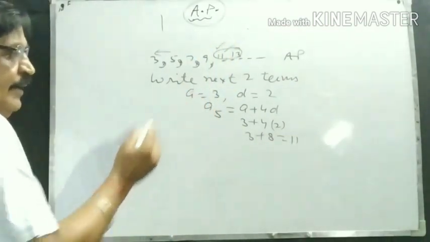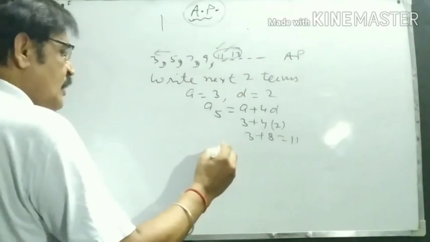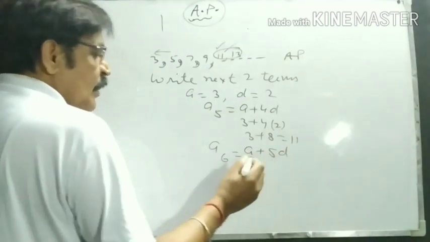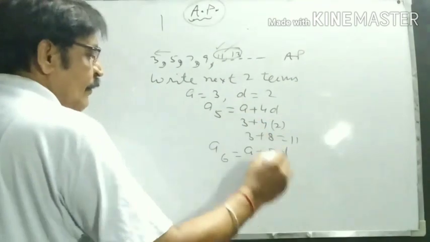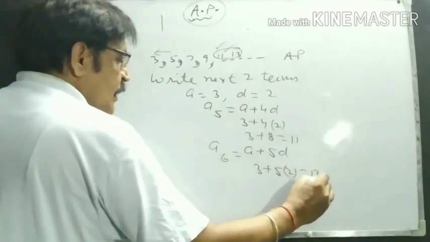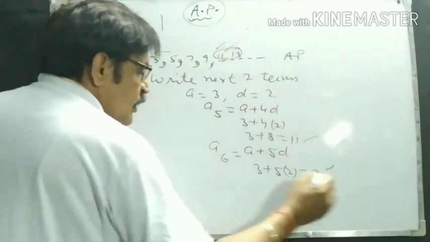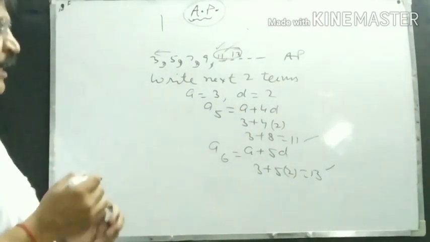This is your fifth term. After the fifth, the sixth term will be written as A plus 5D. In place of A you can write 3, common difference is 2. It becomes 13. This way you have to find. Is that clear? I think it will be clear to you.